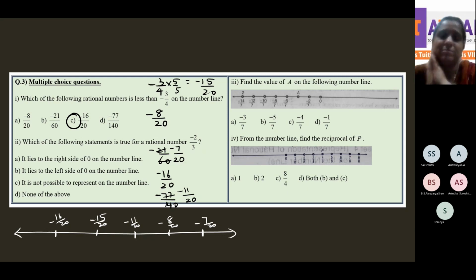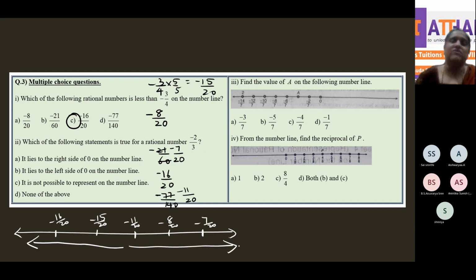So less than minus 3 by 4. When you move towards the left on the number line, the numbers keep decreasing in value. This way, numbers keep increasing in value. When you walk towards the right on the number line, the values keep increasing.